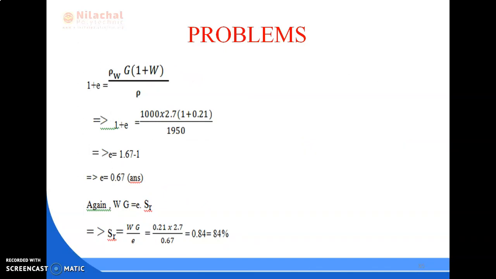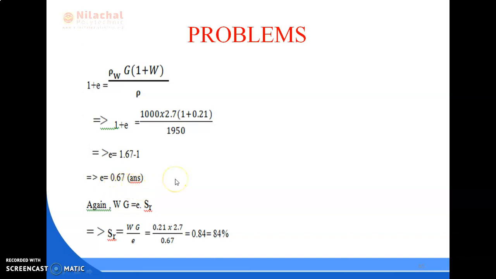So we put the rho W value as 1000 kg per meter cube, as we put the density also in kg per meter cube. You have to take care of it, whenever we put the values, you have to see this carefully. After calculation, e equal to 0.67.